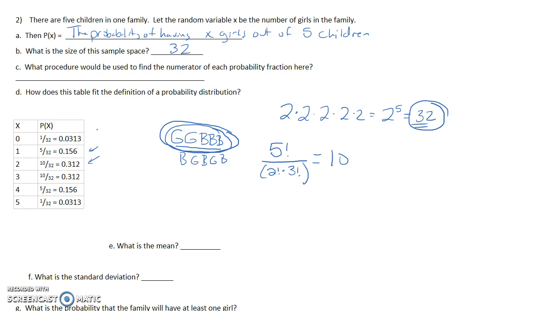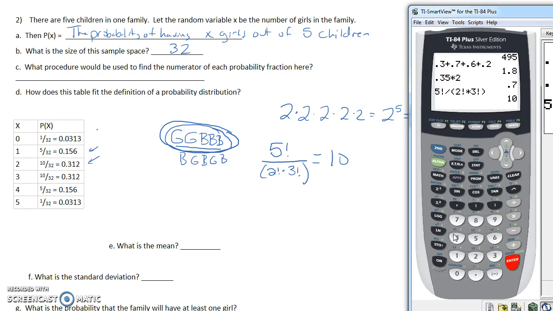Now, let's figure out and verify that this is in fact a probability distribution. You can add the fractions up, but I'm actually going to add the decimals up because this brings up an important point. So 0.0313 plus 0.156 plus 0.312 plus 0.312 plus 0.156 plus 0.0313.